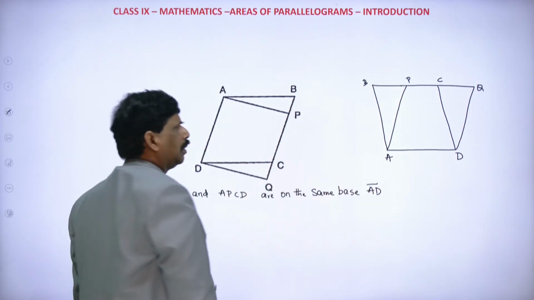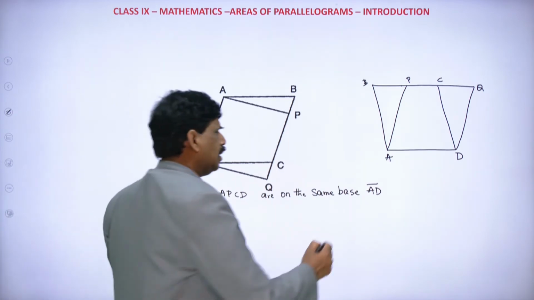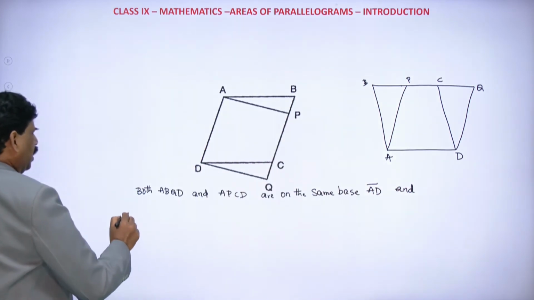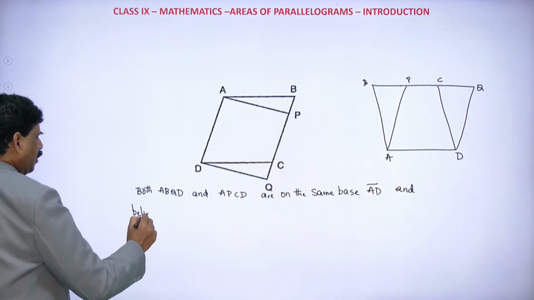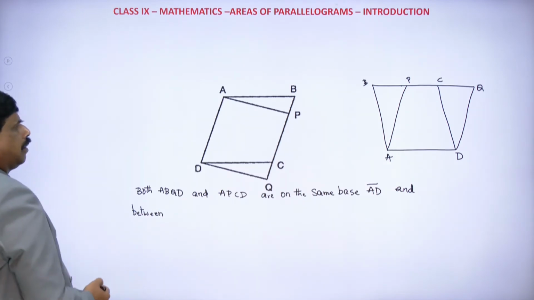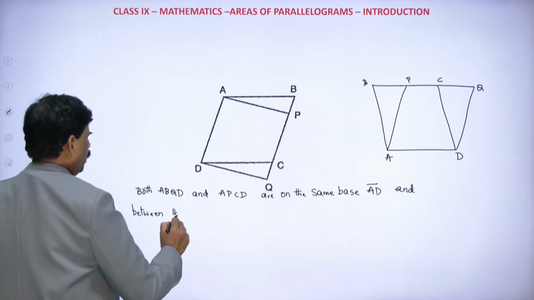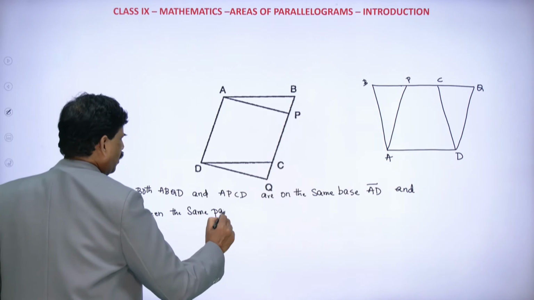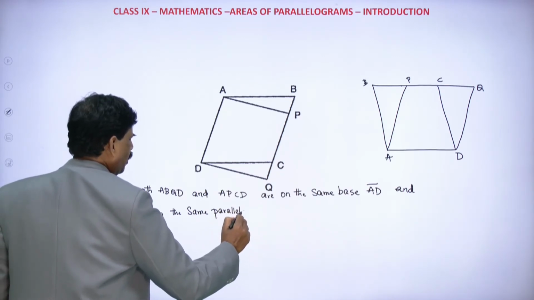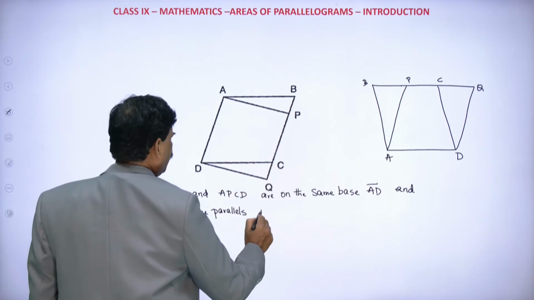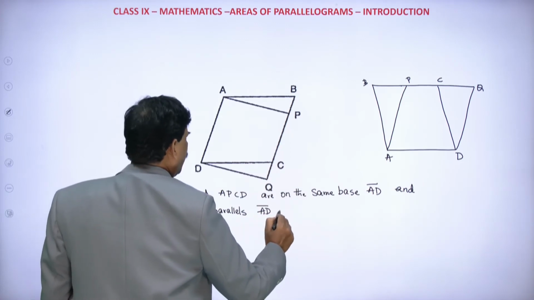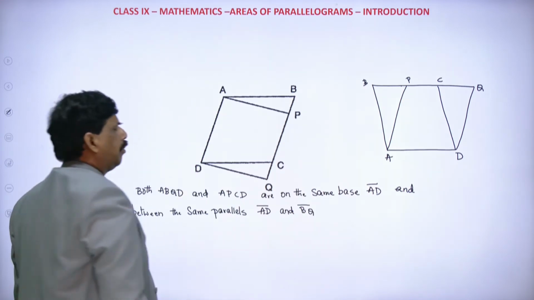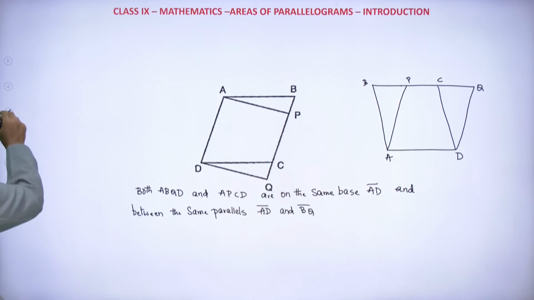AD. AD is the common base, and between the same parallels. What are the two parallels here? AD and BQ. They are between the same parallels AD and BQ.